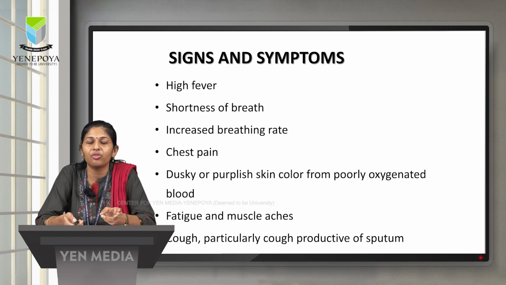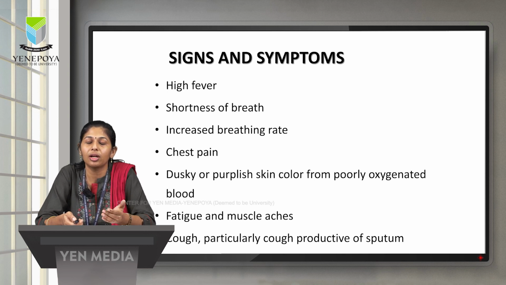There are two types of cough, productive and non-productive cough. In pneumonia cases, what we usually see is productive cough. That means there will be production of sputum. Non-productive cough is also called dry cough.